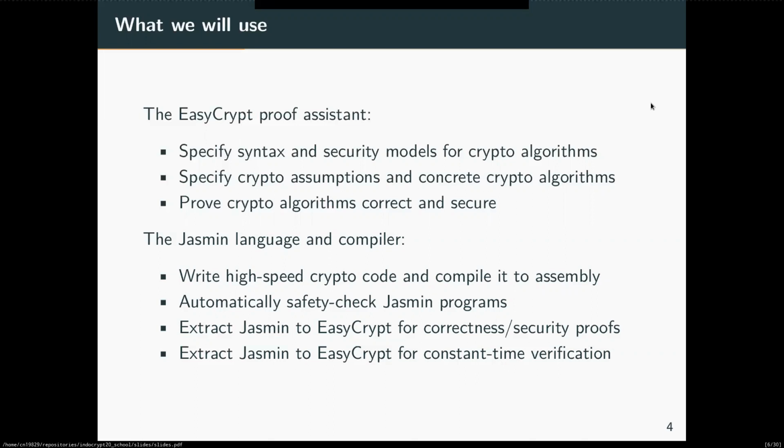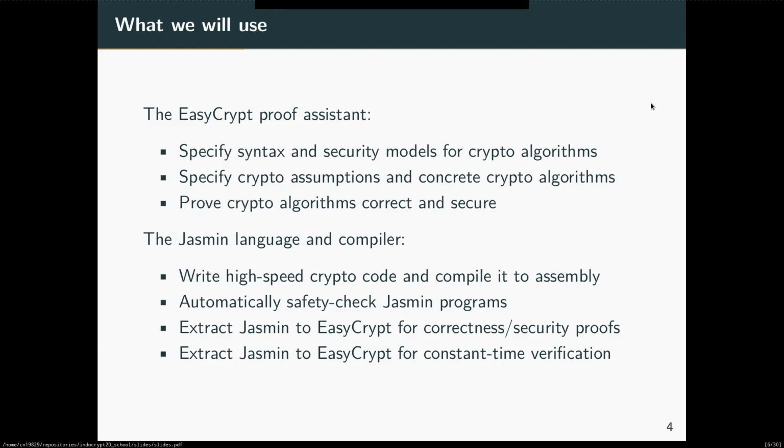And the tool also provides us with the ability to extract Jasmin code to EasyCrypt to do correctness and security proof. So we can take the Jasmin implementation, extract to EasyCrypt, and then prove that that extracted code is actually equivalent to something we've done a security proof on.